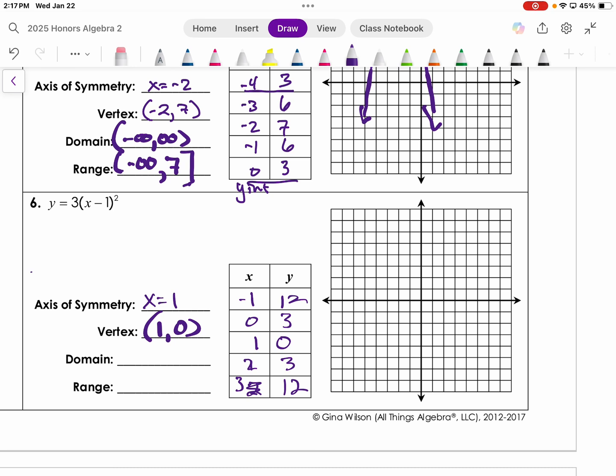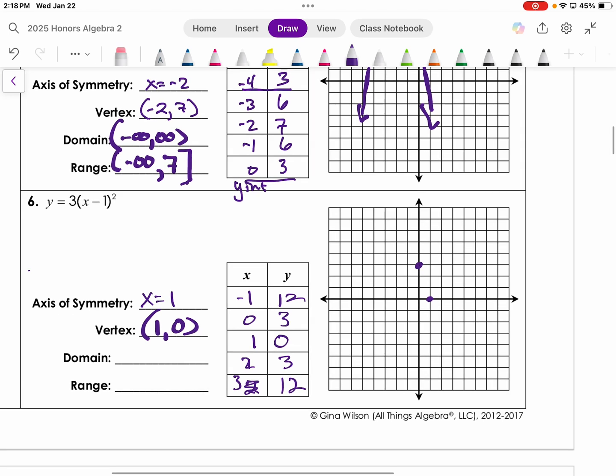You had the picture, but 1, 0, it went through 0, 3, also goes through 2, 3. I can't get up to 12 for the other ordered pair, so that's why I chose those. There's my skinny U.